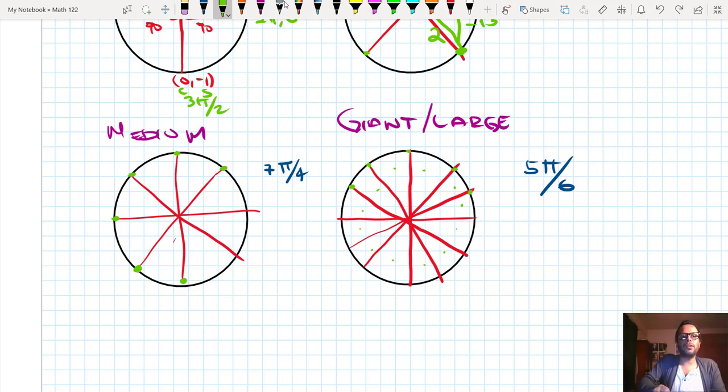Let's say we want to evaluate the trigonometric functions for, I don't know, 11 pi over 6. We actually did, right? So we are going to go all the way to the 11th slice. So that was 1, 2, 3, 4, 5, 6. What about the 6th slice? The 6th slice would be 6 pi over 6. But isn't that the same as simply saying pi, right?